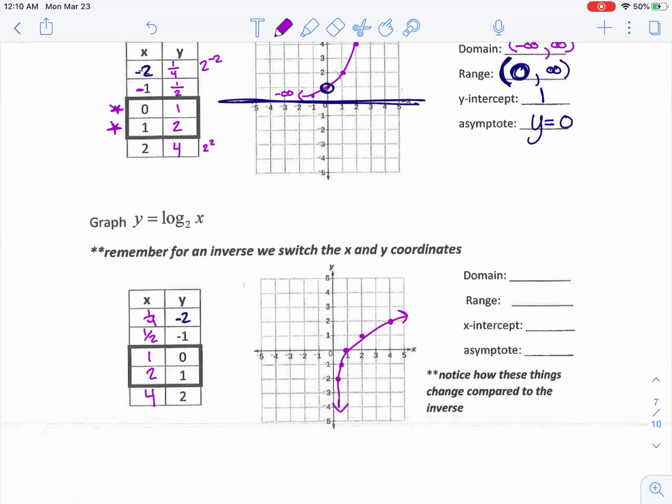Okay. So notice my 1/4 went first, then my 1/2, then my 1, 2. Notice I don't have a 3 point, then 4. Okay, so it's a little strange, it's a little wonky.